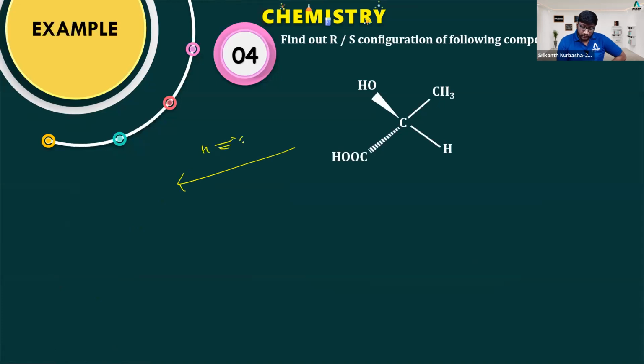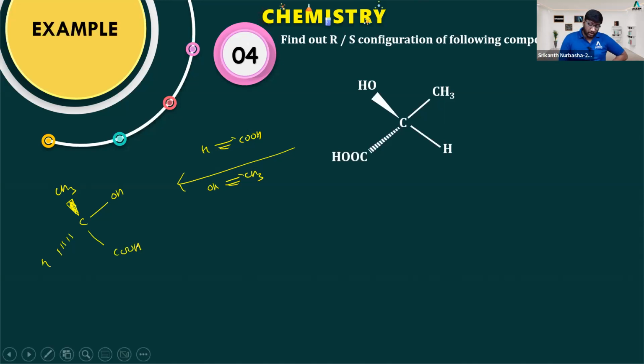Hydrogen and CHO, OH and CH3. If you exchange them, you will have CH3 here, and you have OH here. Hydrogen here, and CHO here.